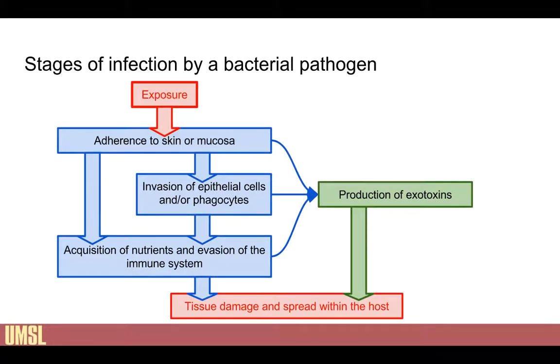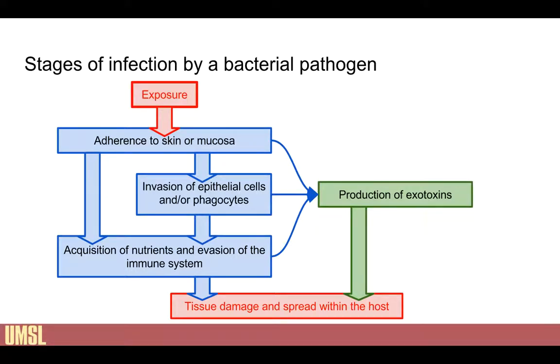In many ways it's obvious how you become exposed to these things, like contaminated food. When we start talking about examples in the next couple of lectures, we'll try to illustrate where you are contracting these things.